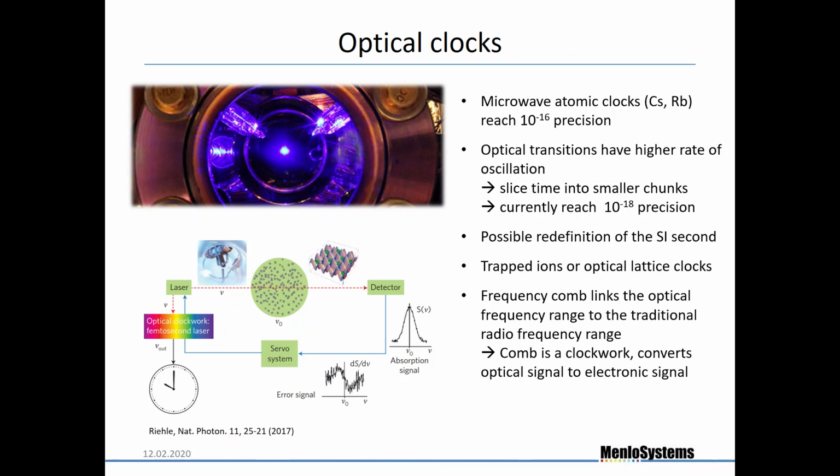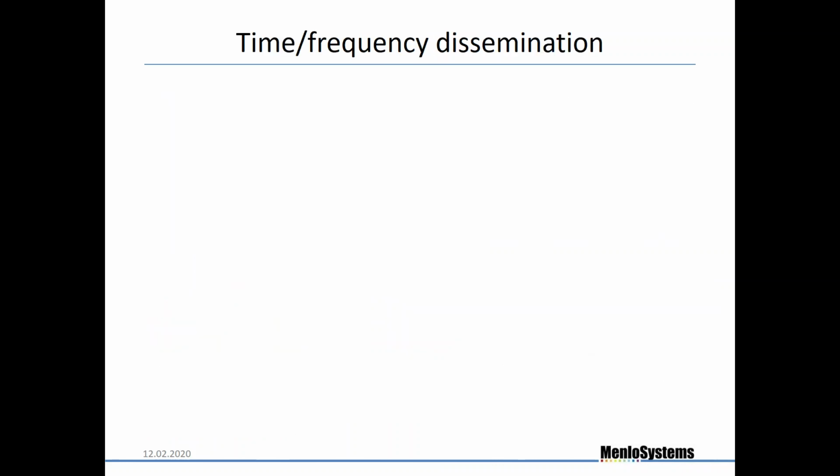So you have this optical frequency, and you record the interference with the frequency comb, you record the beat note, and this will then be in the radio frequency range, which is accessible to electronics. So the frequency comb converts the optical signal to an electronic signal. You can also do the opposite. You can use a microwave clock, a cesium clock, rubidium clock, and use the frequency comb to transfer it into the optical wavelength range.